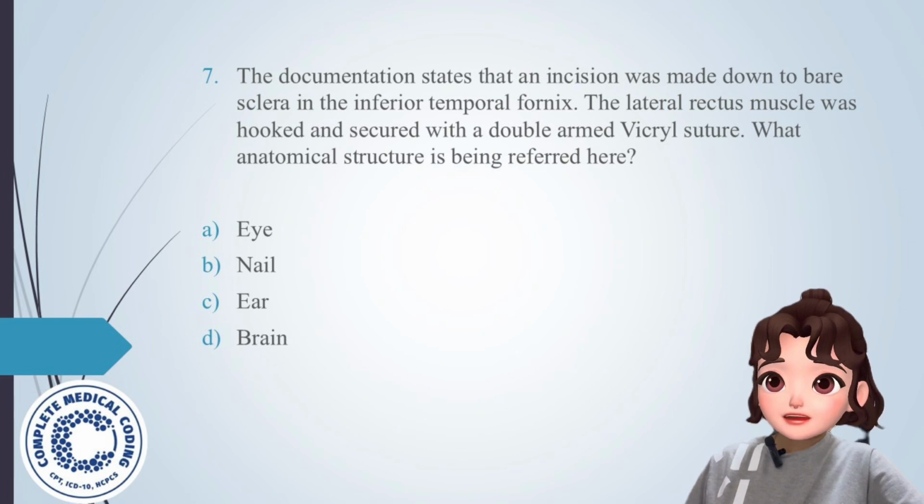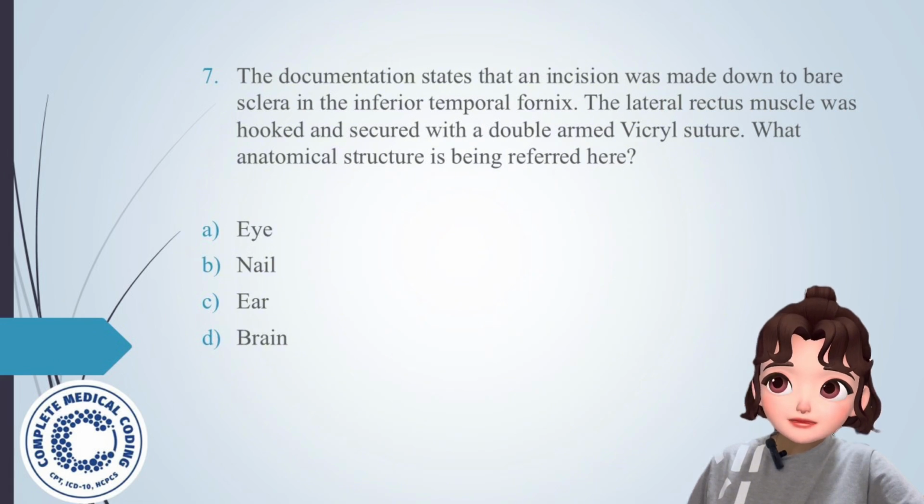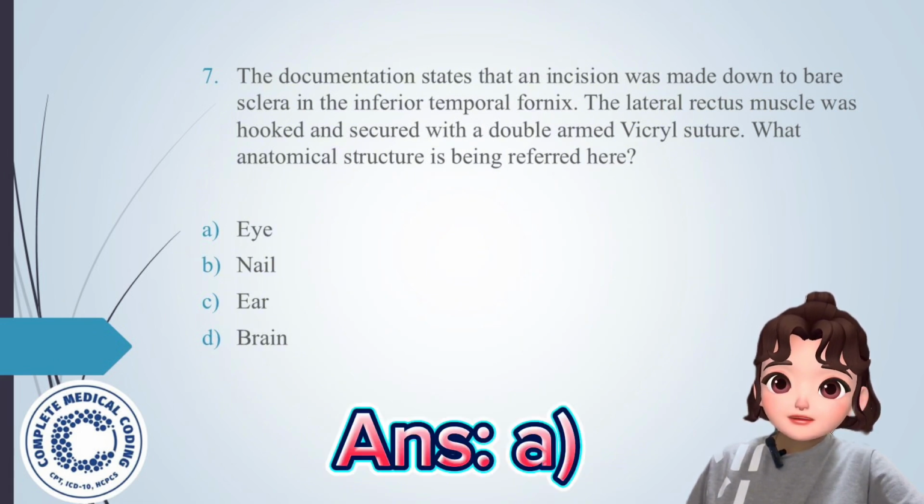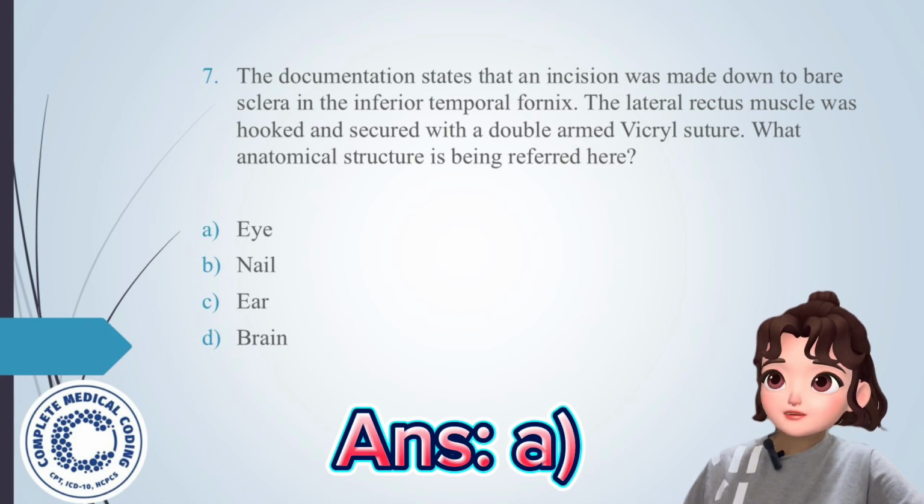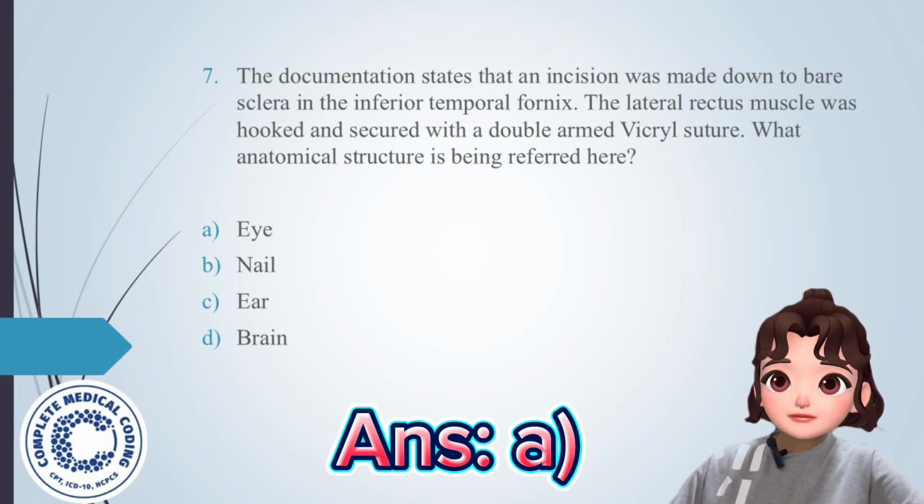See, where is sclera present? Where is lateral rectus muscle present? All these are present in the eye. So anatomical structure referred here is eye. Answer is option A. Since sclera is part of the eye, lateral rectus muscle is also part of the eye.